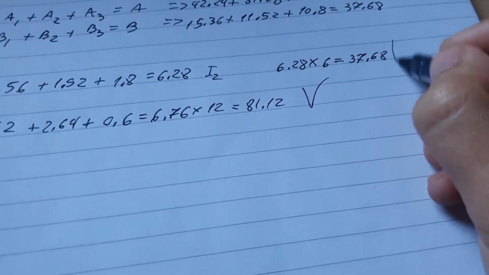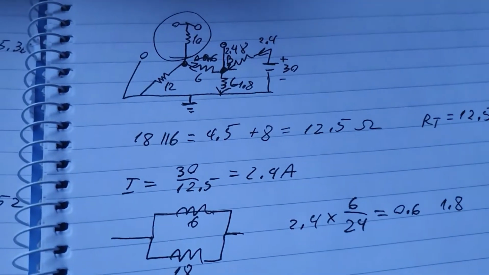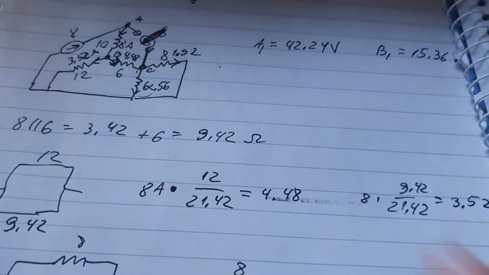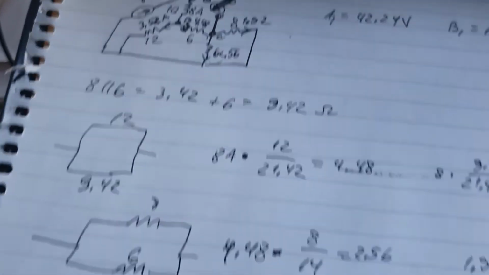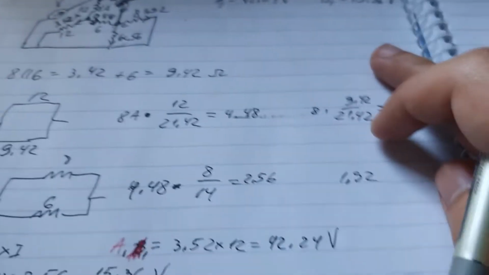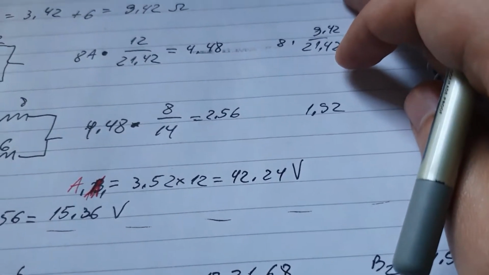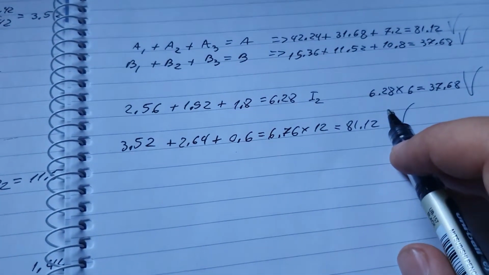Okay, so this is how you do it with the three sources. And again, if you are not sure whether the answer is correct, if you did a calculation wrong along the way, then you can use the method that I used here.